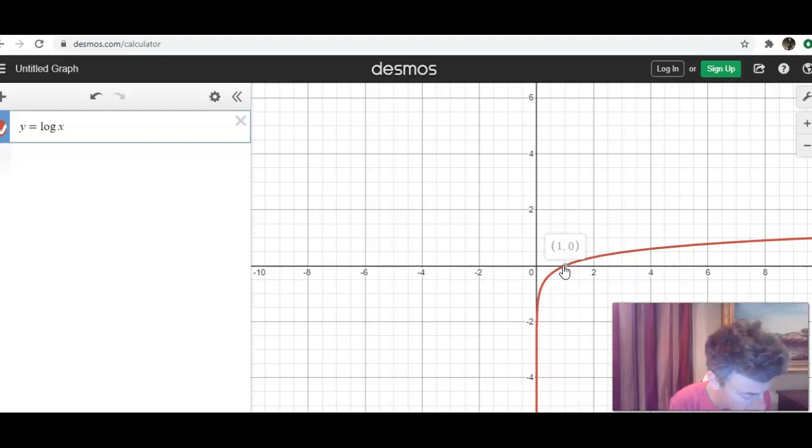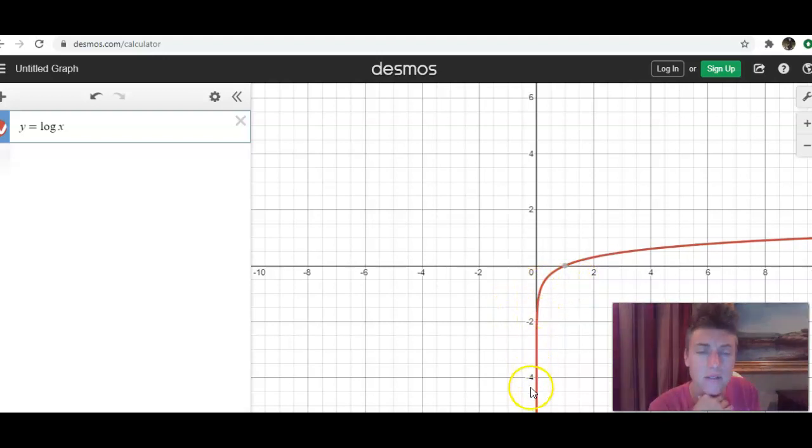Mark that point, 1, 0. So here we've got an asymptote. This is going to get really, really close to the y-axis, but it will never touch it, meaning the value of y is going to continue to go down, down, down to negative infinity.